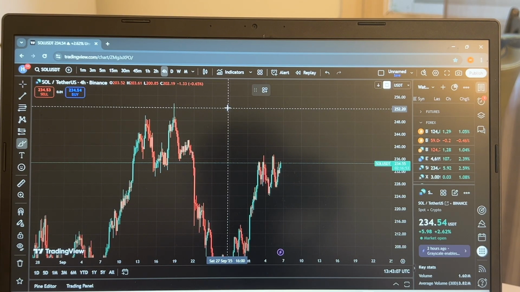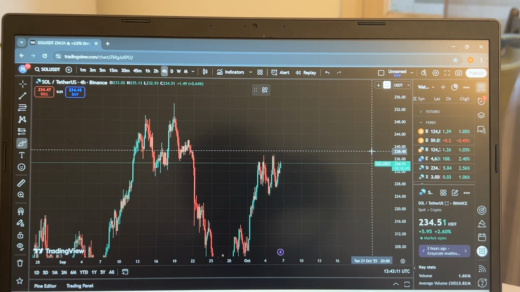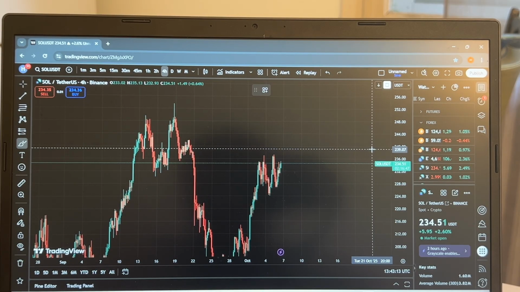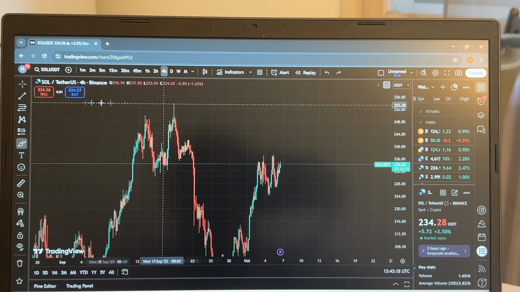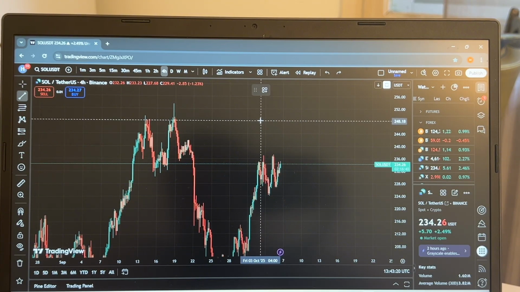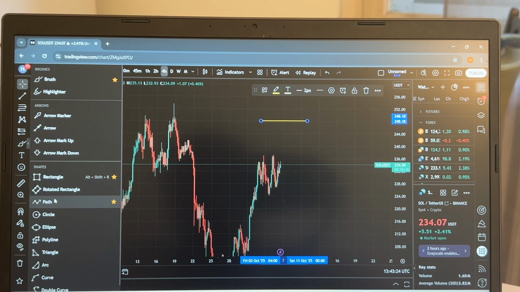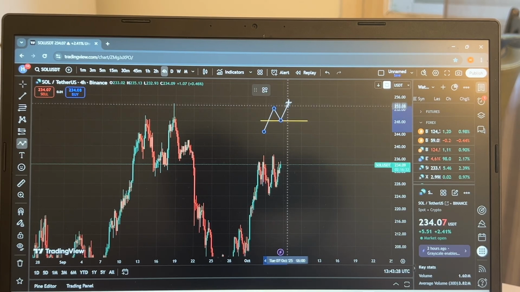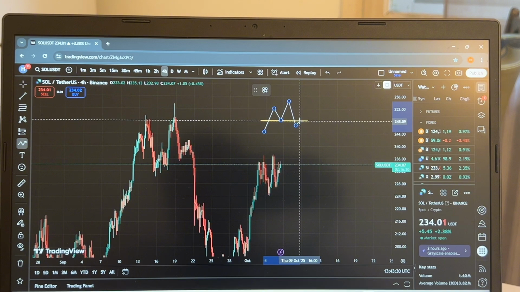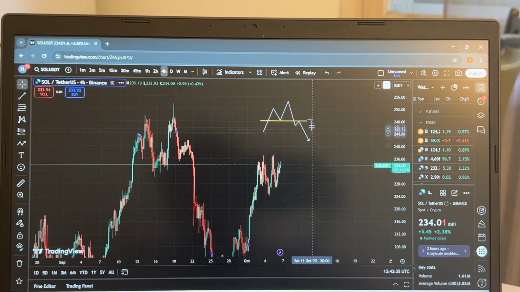Now, like I said before, the third example where I showed you the higher highs formation, this is the neckline. It makes higher highs, and then it does a retest and then just goes down.